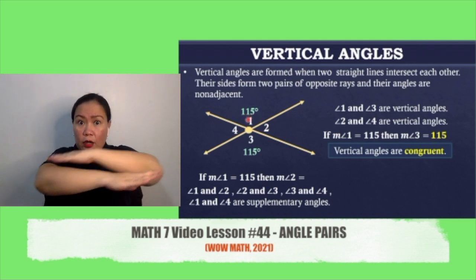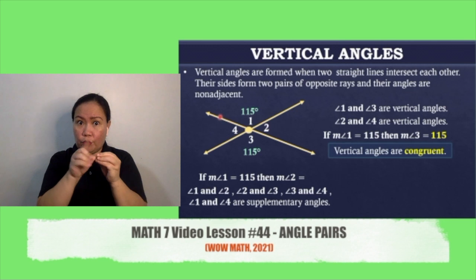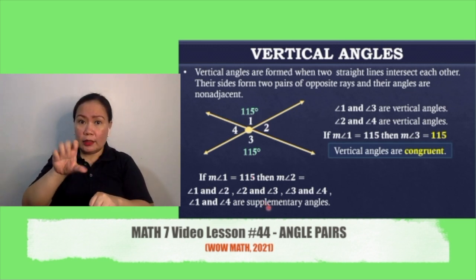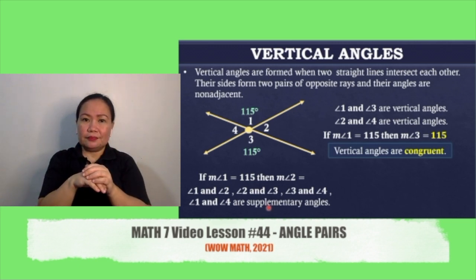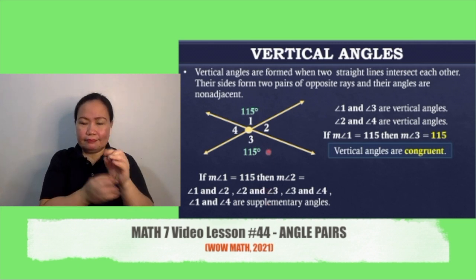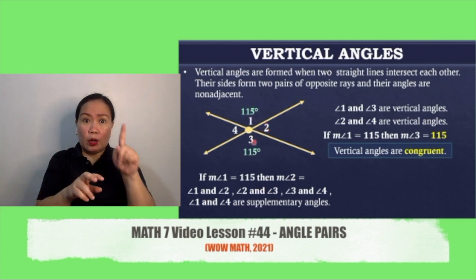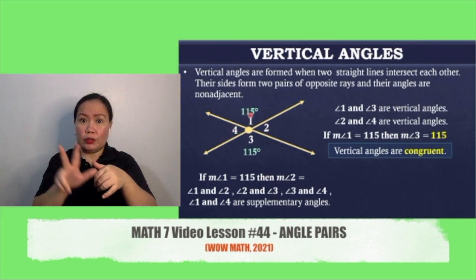Si angle 1 at si angle 2 nasa isang line, so linear pair yan. Okay. So, kung linear pair sila, therefore, they are supplementary angles. At pag sinabi nating supplementary angles, the sum must be 180. So, aside from angle 1 and 2, angle 2 and 3 are also supplementary, as well as 3 and 4, and angle 1 and 4 are also supplementary.